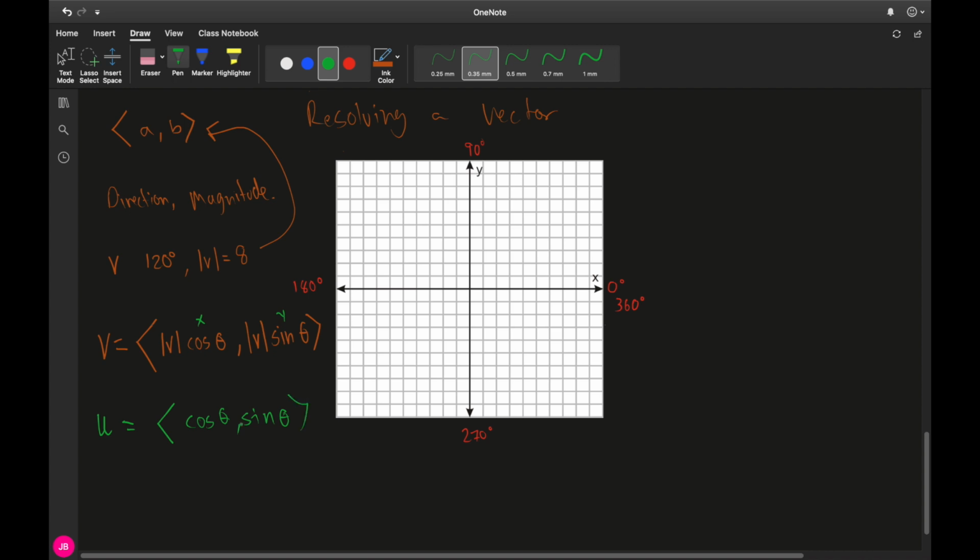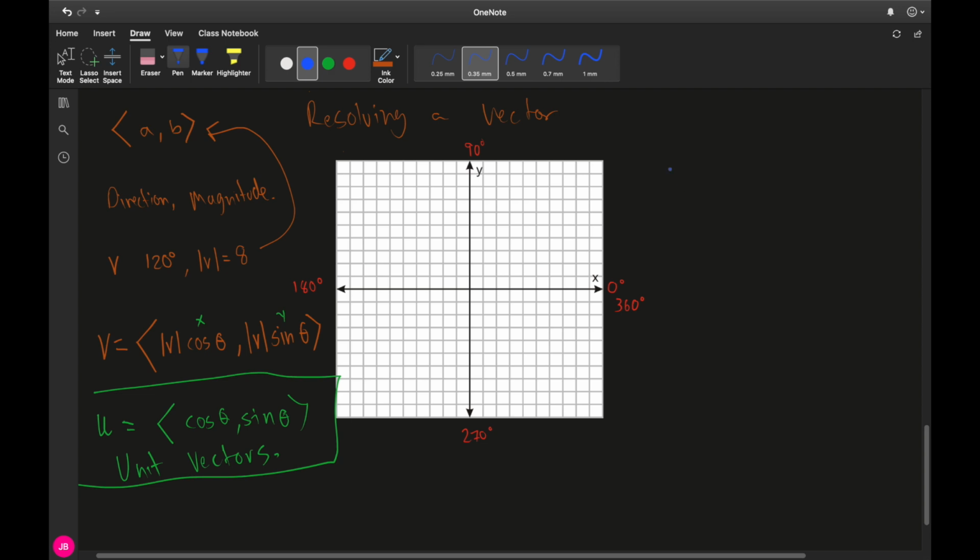But that's only for unit vectors. If we're looking at regular vectors, we are going to need to multiply by the magnitude. But that's not a problem for us because we have been doing this for quite a while now.